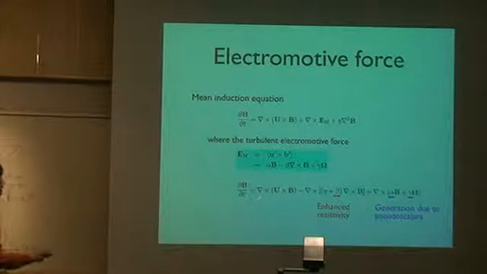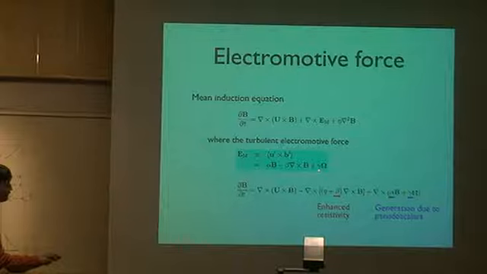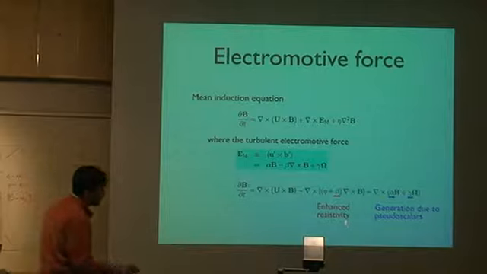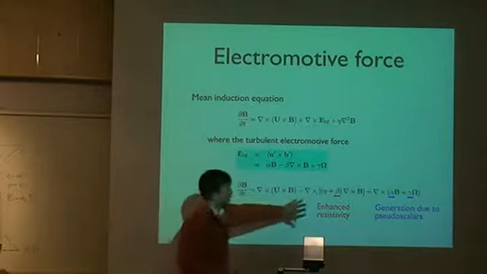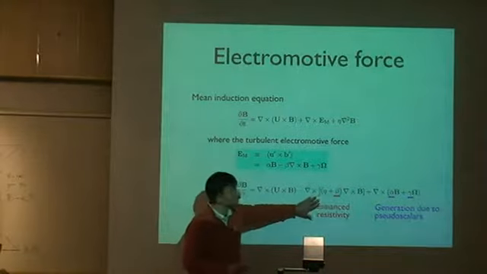So if we have alpha effect and cross helicity effect, we may have some balancing effect to the enhanced resistivity due to turbulence. That's very important. So if the primary effect of turbulence is enhancing the transport, you can just see that.